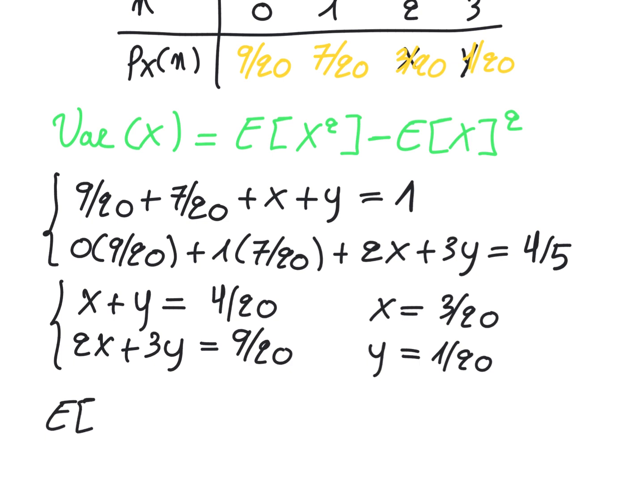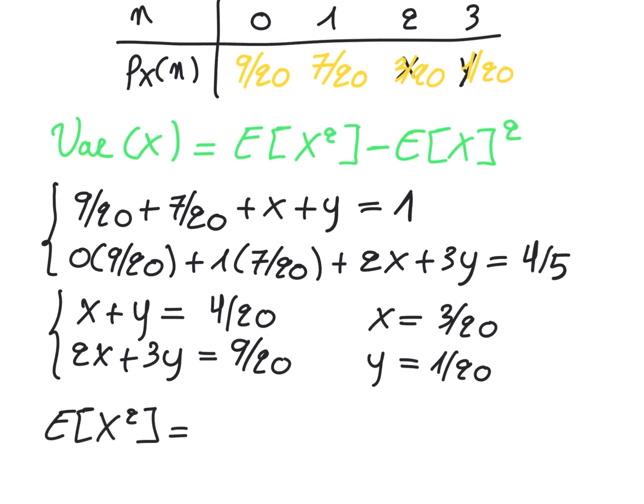Well, the formula is very similar to the formula for the expectation. So we take on all the values that x can attain, take their square, and multiply them with the corresponding probability.